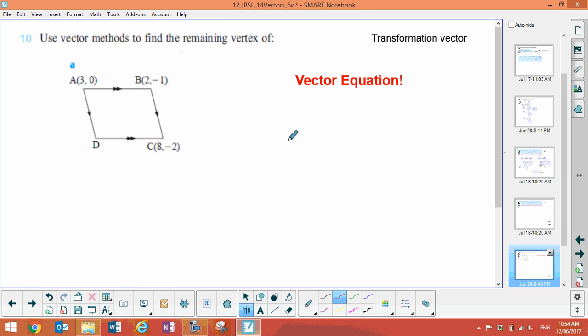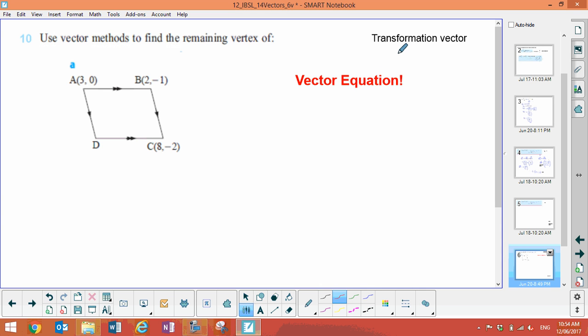The other one we want to have a look at, and we'll finish this one in class, is getting our vector methods to find the fourth coordinate of our parallelogram. So again, we're back into 2 dimensions with this. We don't need to plot it up on the coordinate plane. It doesn't matter what it really looks like. We can work with this.